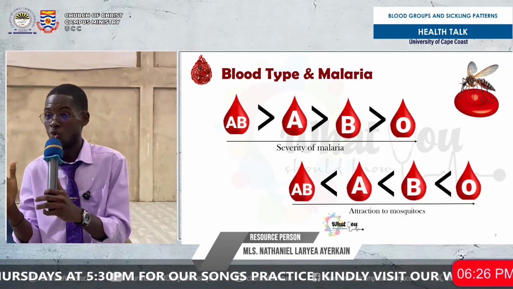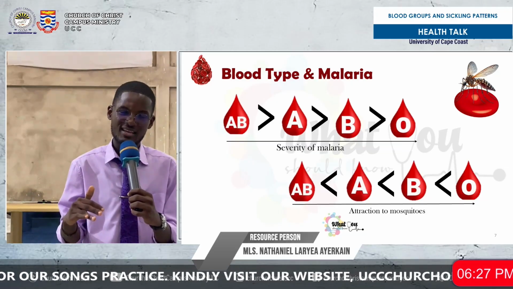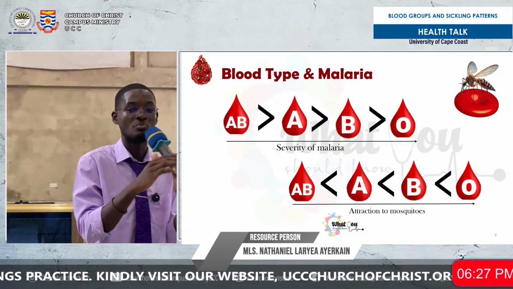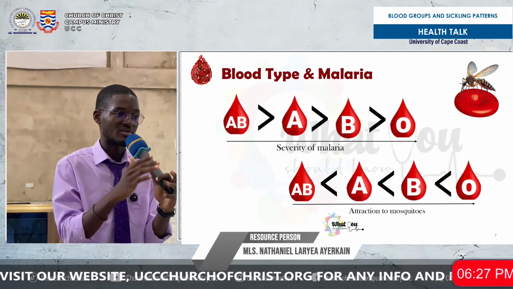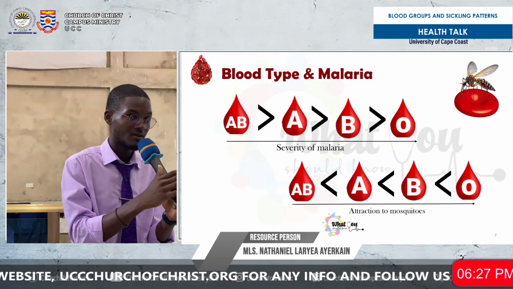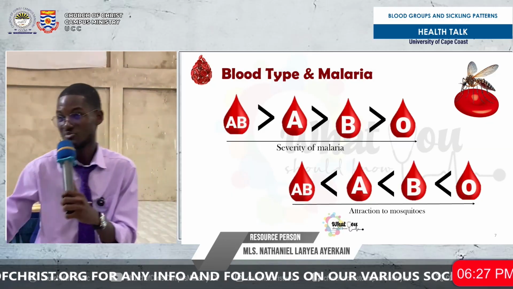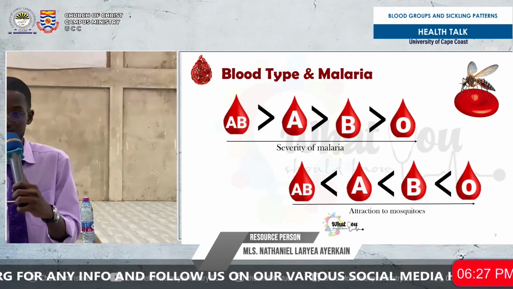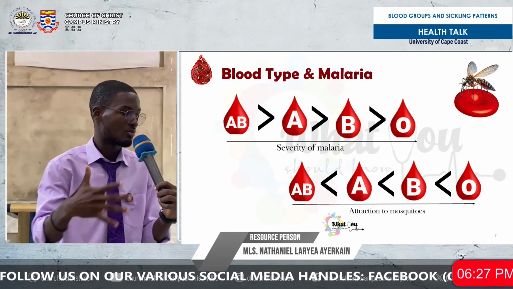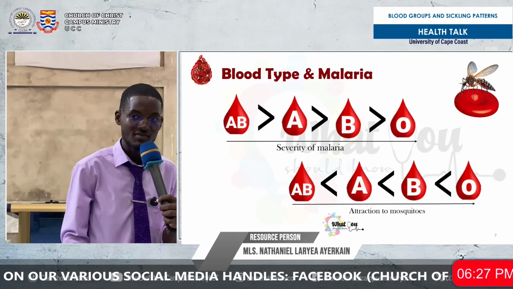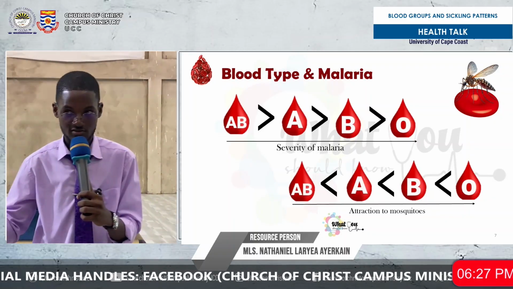So a person who is group O can get malaria, but its severity is not as much as it would be in other blood groups. Severity is different from infection.